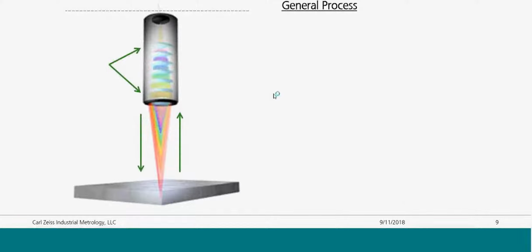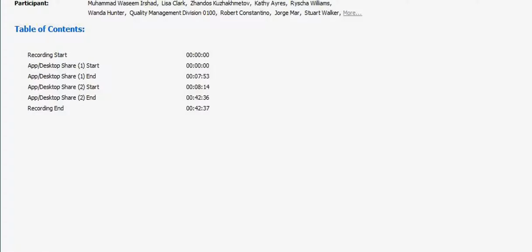So looking at how the actual sensor would work, we have a white light source at the top here. Oops, looks like we have a glitch here. It's loading. Yeah, sorry about that. Give me 1 second here.